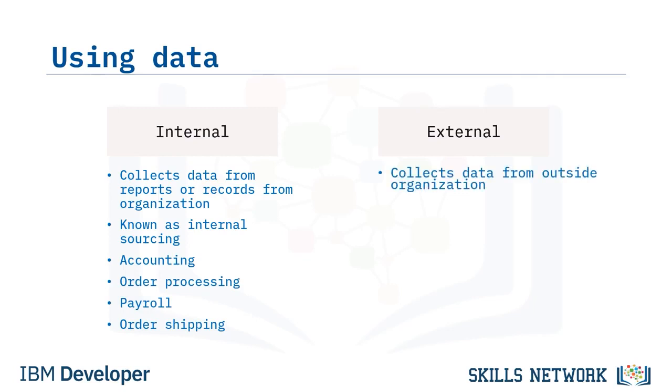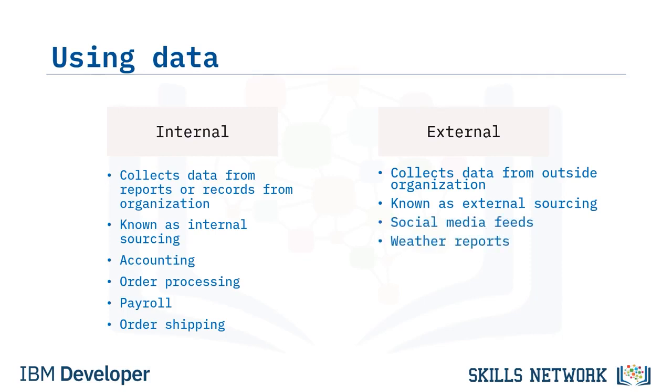When users collect data from sources outside an organization, group, or other entity, this is known as external sourcing. Examples of external sources include social media feeds, weather reports, government information, and research. Companies use internal and external data to scale up businesses, understand customer purchasing trends, and increase overall productivity.